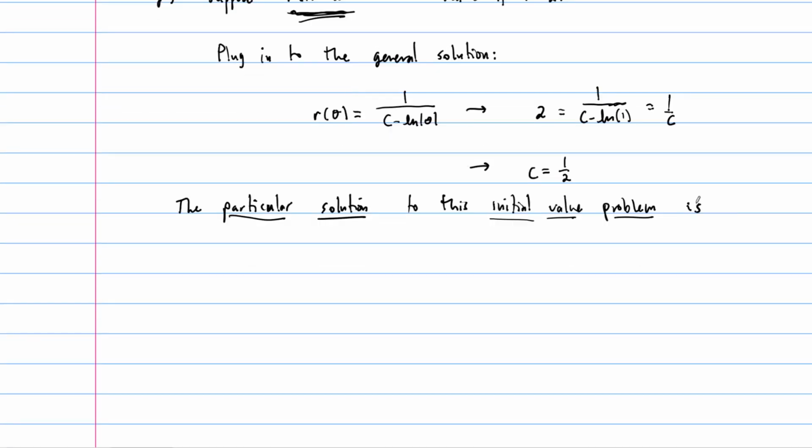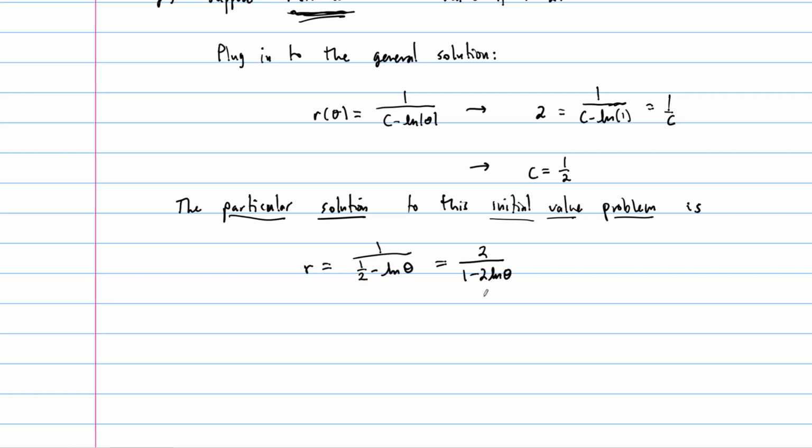This is then the function r equals 1 over, our c is 1/2, right? 1/2 minus log of theta. And then if we just multiply through everything by 2, then this could become 2 over 1 minus 2 log of theta. That's just to get the fraction out of the fraction, right?